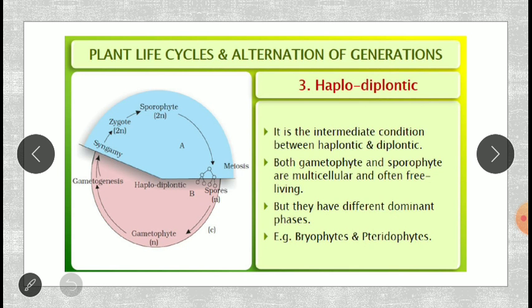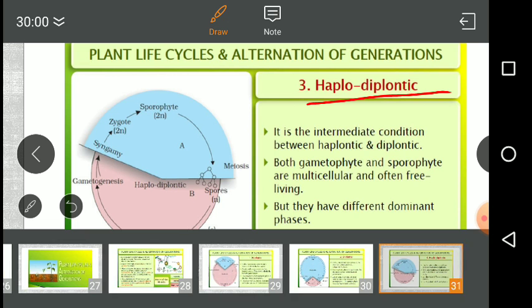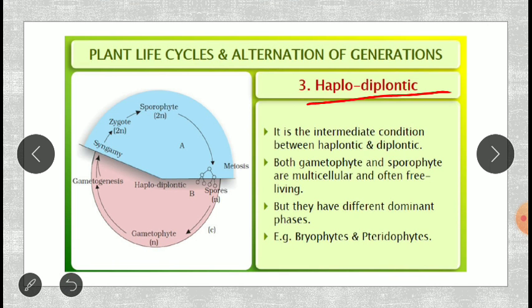Then there is one more form, that is haplodiplontic life cycle. So in the haplodiplontic life cycle we can see that it is going to be an intermediate condition between the haplontic and diplontic, wherein both gametophyte and sporophyte are multicellular and often free living, like we have seen in the case of the bryophytes and the pteridophytes.